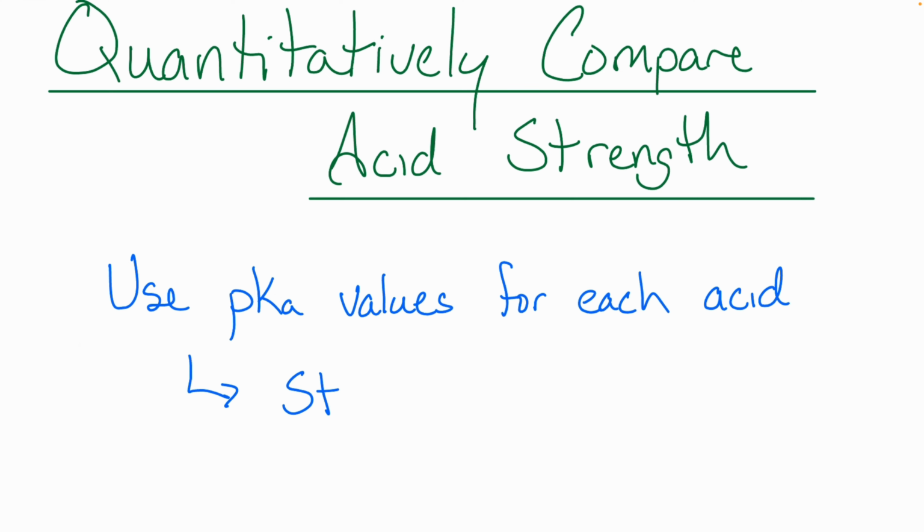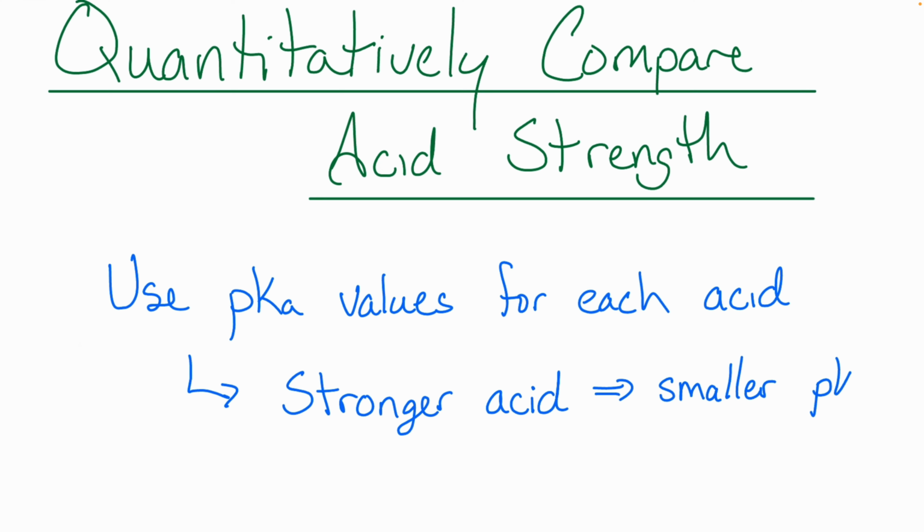The stronger the acid, the smaller the pKa value. pKa's were the negative log of those Kas. So if you take the negative log of a big number, you get a little number. So the stronger the acid, the smaller the pKa value.